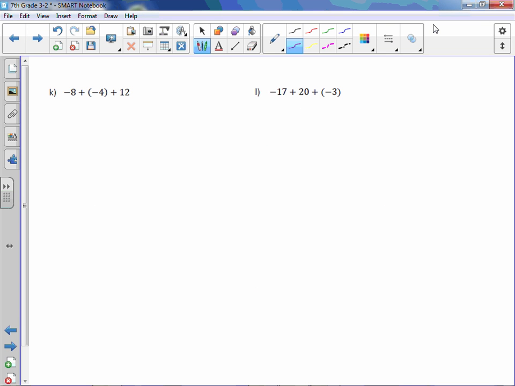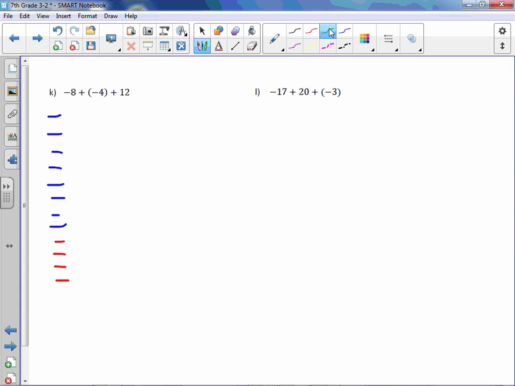Now this one gets interesting. Negative 8 plus negative 4 plus 12. Start with your negative 8. Then you have negative 4. I do not put them right next to these because they're more negative, so just add on to the list.